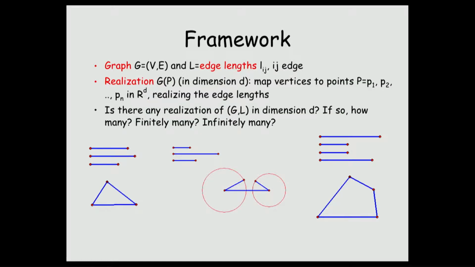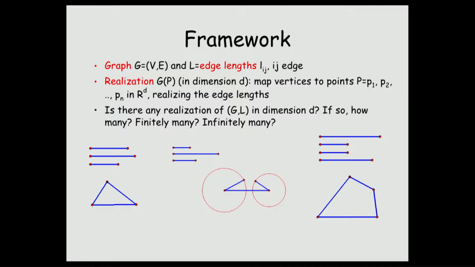So abstractly, a framework is given by a graph, a finite graph in this case, along with some edge lengths. And the edge lengths can be taken from a particular realization or embedding. So a realization, in particular, and we are talking now about a fixed dimension D, we map the vertices to points in R to the D, so we are in real space, so that the edge lengths are realized.